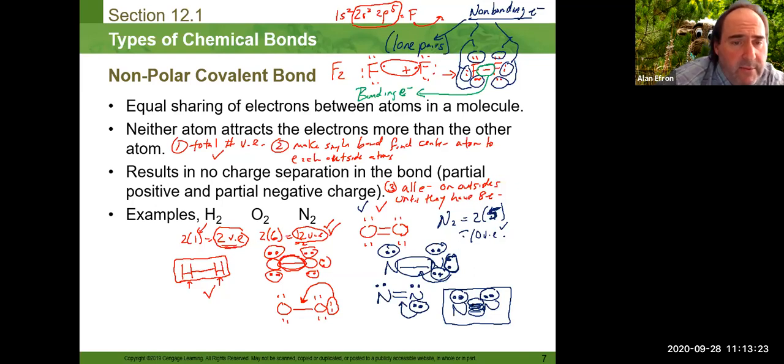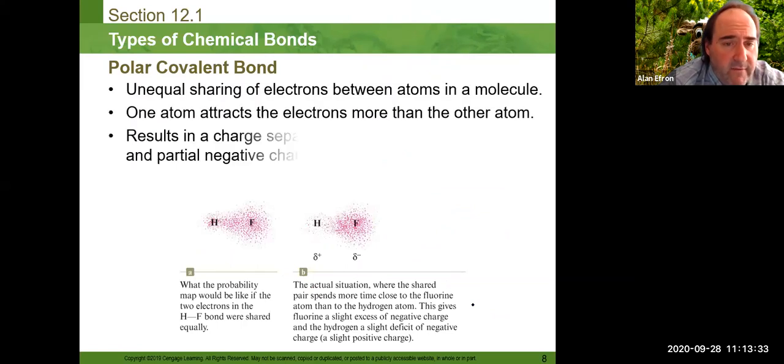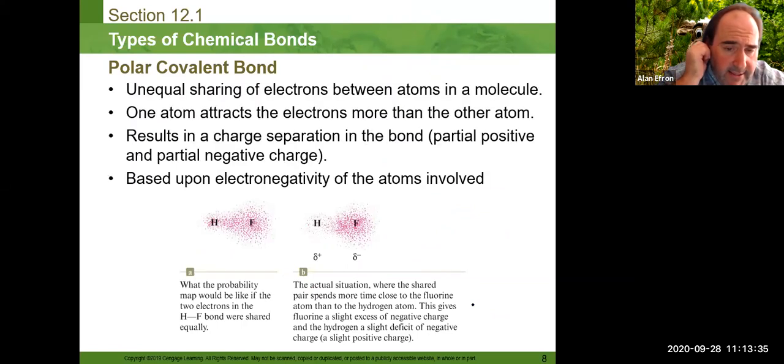So what happens when we get things that are not 2 of the same element coming together? They tend not to share electrons equally, and that gives us another type of covalent bond, what is referred to as a polar covalent bond. So when we take one of those hydrogens and place it with a fluorine, we get a compound that looks like this.